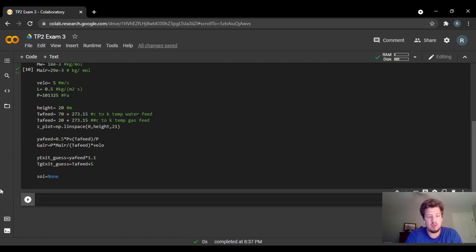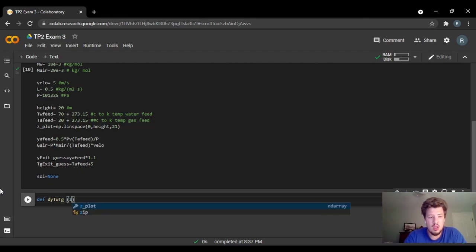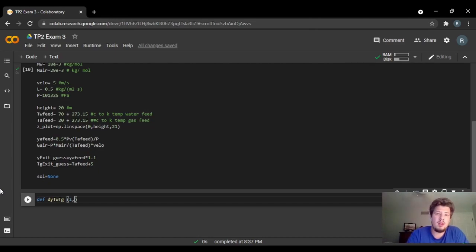So first off, we're going to define a function for our derivatives: the change in the mole fraction, the change in the temperature of the water, and the change in the temperature of the gas. We then need to give the definition parameters to look within the array, and we'll call that z and, well, it's a variable, so let's call it var.